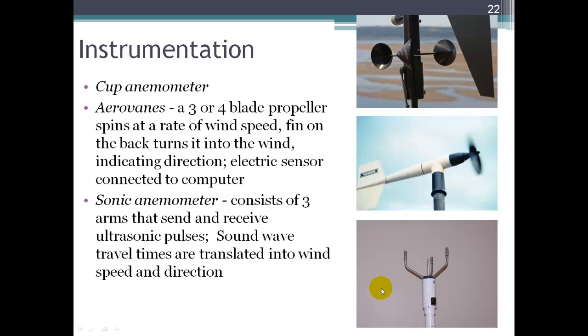So there's a sound wave that travels right between these things, and the way that the winds interact with that sound wave tells us about the wind speed and wind direction. So it's maybe not as interesting to look at if you come across a weather station and you're trying to identify what the different instruments are. This one isn't moving in any way, but it is giving an accurate measurement of wind speed and wind direction.